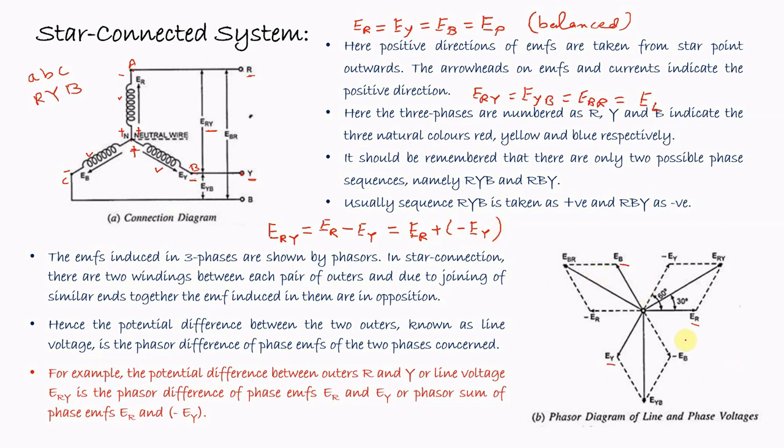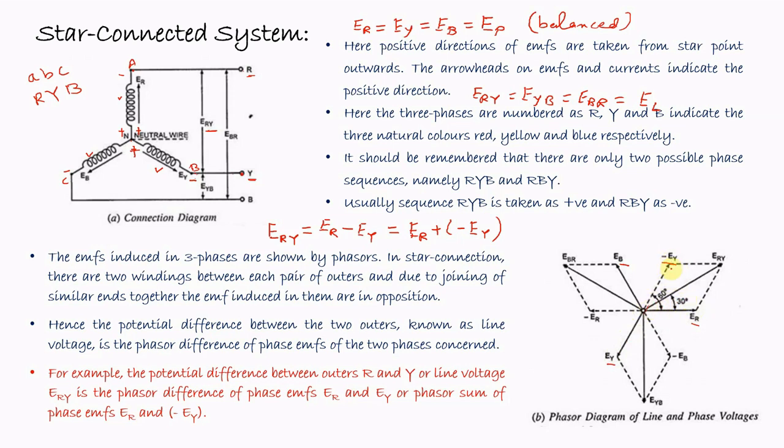Now see in the phasor diagram. Here this is the positive direction of the R phase and this is the positive direction of the Y phase. So definitely the negative direction or the reverse direction of the Y phase will be here. So this is minus EY. And now we have to join ER with minus EY.